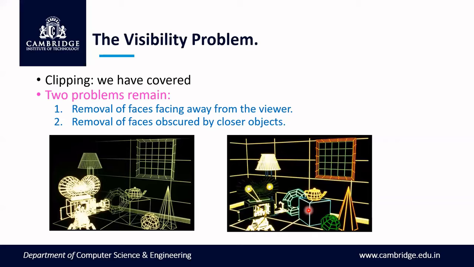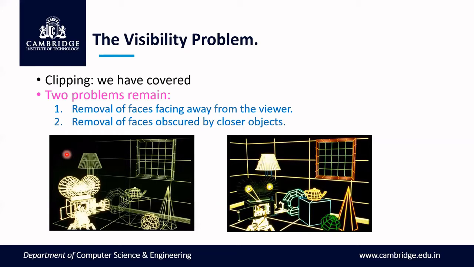So there are two problems that remain. The first problem is removal of faces facing away from the viewer. Now you can see here it's completely dark. I have to remove those.